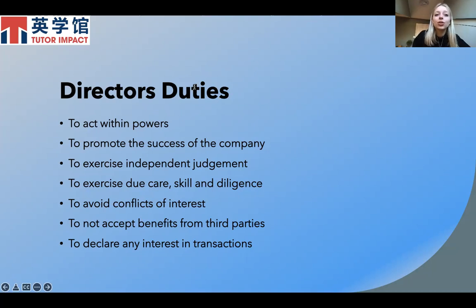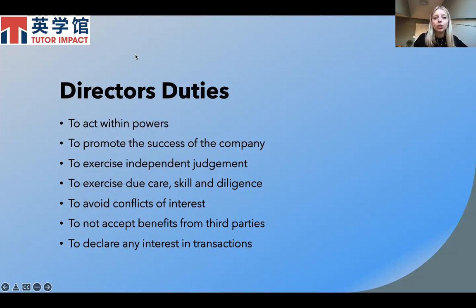The next one here is the duty to avoid conflicts of interest. So directors must avoid situations which risk having direct or indirect conflicts of interest. What this basically means is, in simple terms, again, a director must not make a profit from being a director, even if the company also profits from it.